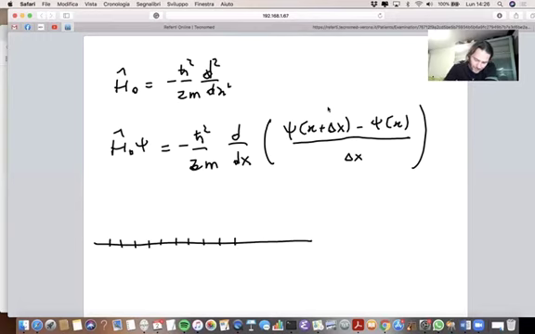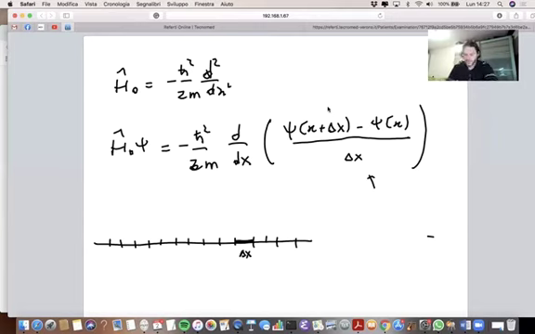Just to summarize, in the continuum, I have to take the limit of these objects for delta x going to 0, and this will define the derivative. But if I put things on a lattice, I cannot take the limit delta x going to 0, because the smallest distance I can resolve is precisely the lattice spacing delta x, and that must remain fixed. So on a lattice, taking the limit is equivalent to letting delta x be the shortest displacement on the lattice.